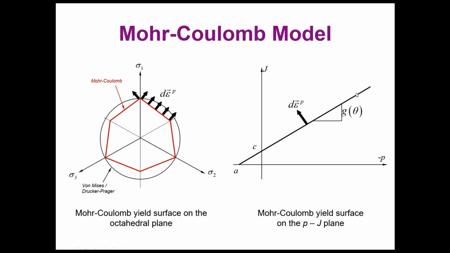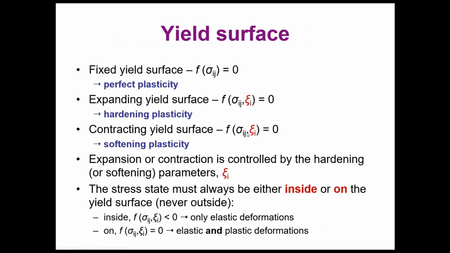So doing that, you recover the concept of this straight line that represents the limit of the state of stress in the Mohr-Coulomb model in 2 dimensions. So the yield surface then has these equations to define the modeling mathematically.